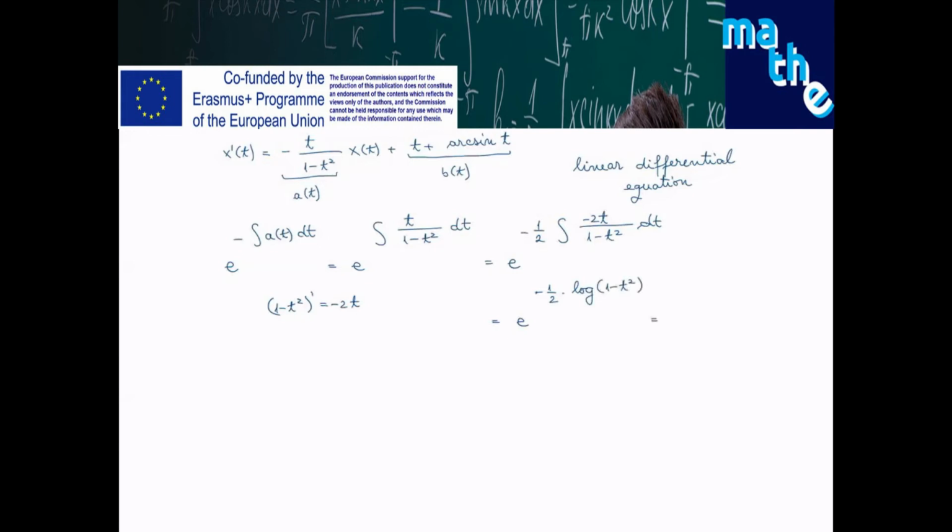And of course, this equals 1 over the square root of 1 minus t squared. So we have computed the integrating factor.